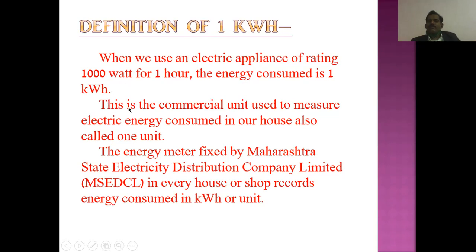And this is the commercial unit used for electrical energy consumed in our house, shop or company. Now this energy meter is fixed by Maharashtra State Electricity Distribution Company Limited, and in every house or shop it records energy consumed in kilowatt hour or unit.